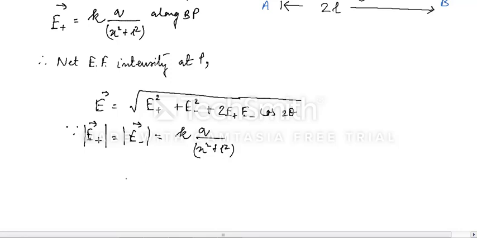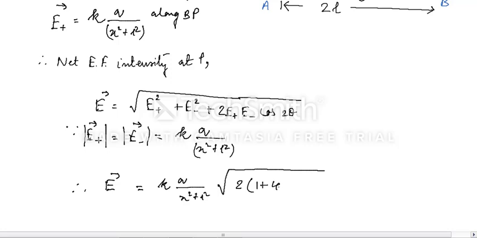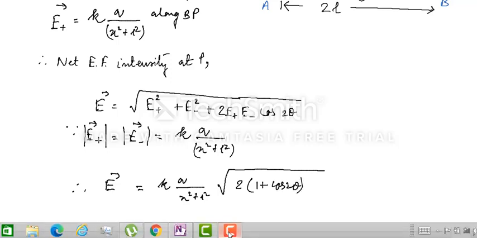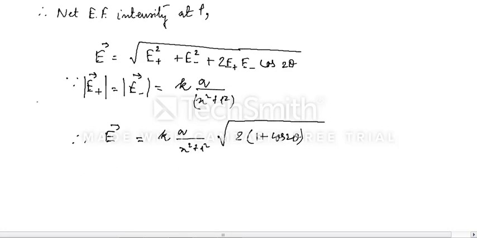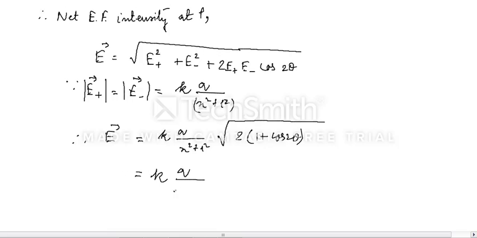Since the magnitudes are same, we can write therefore E as kq by x square plus L square root under 2 into 1 plus cos 2 theta, which comes out to be kq by x square plus L square root under 2 into 2 cos square theta.